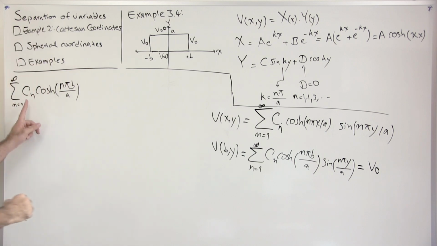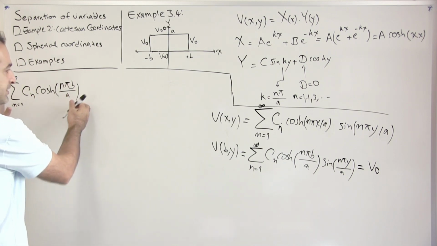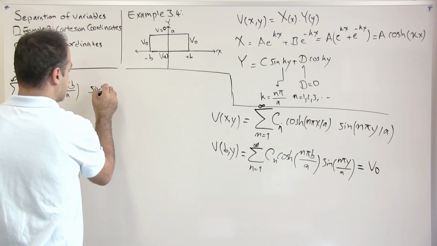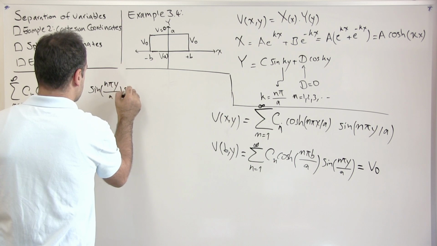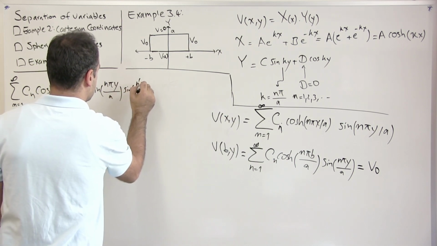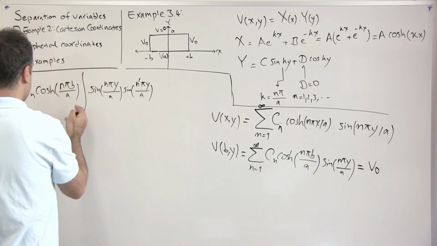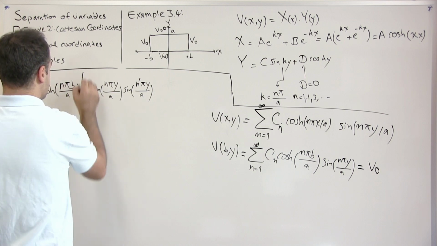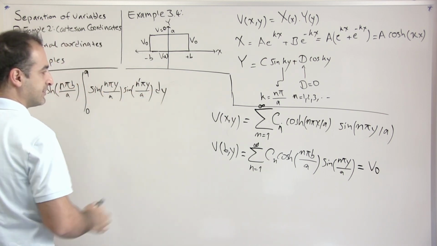Okay, and mind that Cn and cosh n pi b over a are not functions of y, so I can keep them here, and then once I multiply by sine n pi y over a times sine n prime pi y over a, and integrate, I can keep these out of the integral, and I keep this inside the integral from 0 to a dy. Okay, so this is the left-hand side of the equation.